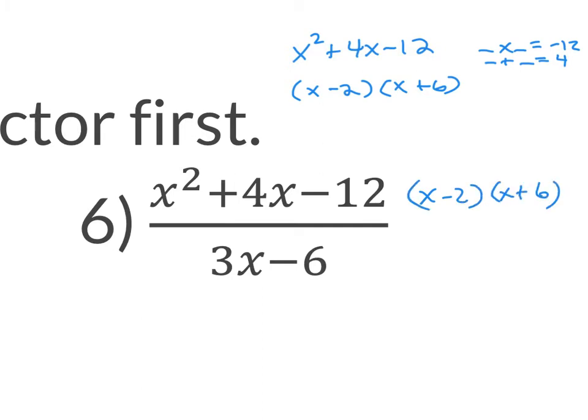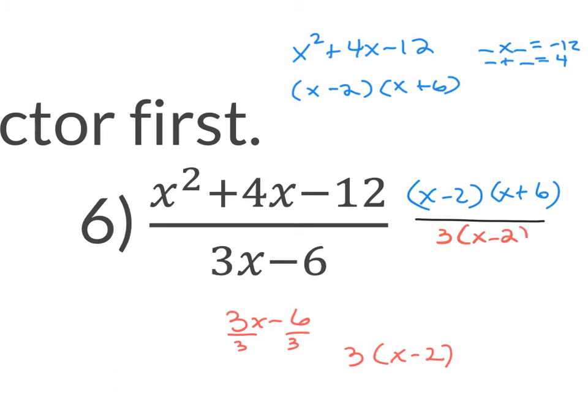So that's what I'm going to replace the numerator with. And now my denominator, it's not a trinomial. It's not the difference of 2 squares. All I can look at on this one is pulling out a GCF. So I'm going to divide them both by 3, and I'm left with x minus 2. And that's what I'll write in the denominator. Now I look for things to simplify.